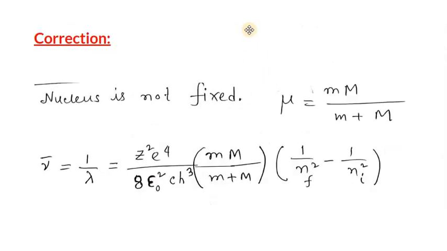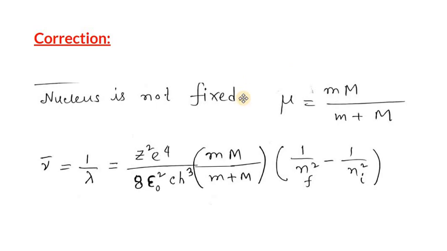But actually we cannot consider the m only, because when electrons are revolving, the nucleus is also vibrating. In classical mechanics, the nucleus should vibrate a little bit, but we thought that the nucleus is fixed in its place, and that is not true. So the nucleus doesn't have a fixed position.